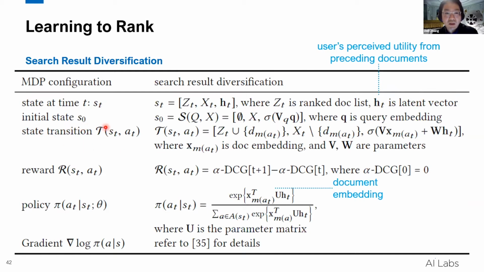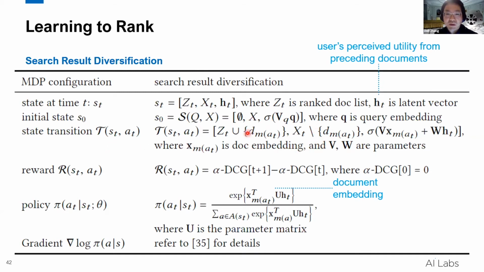Again, at the beginning, at time step 0, we have the entire document collection as the candidate document set, and the initial state of the user is calculated based on the embedding of the query. After each document is selected for the ranked document list, the state would need to be updated.